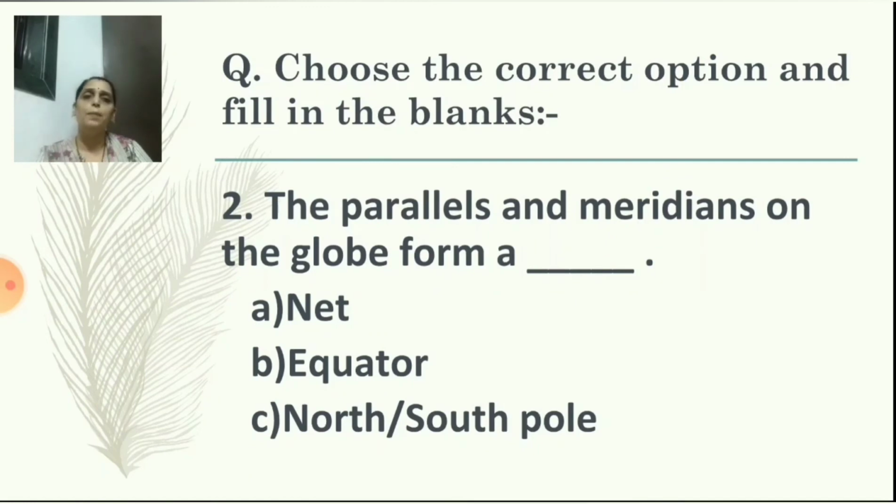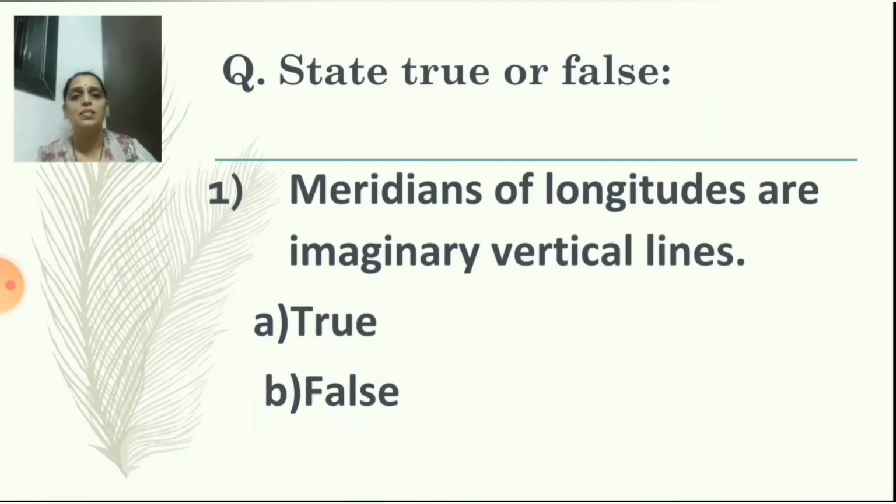Now the next one. Second, the parallels and meridians on the globe form a dash. A, net, B, equator, C, north-south pole. What will be the answer? Right, net. Now the next. State true or false. First, meridians of longitude are imaginary vertical lines.